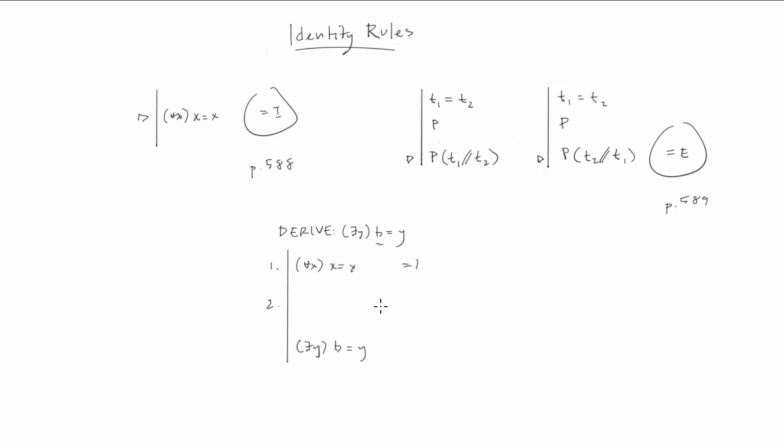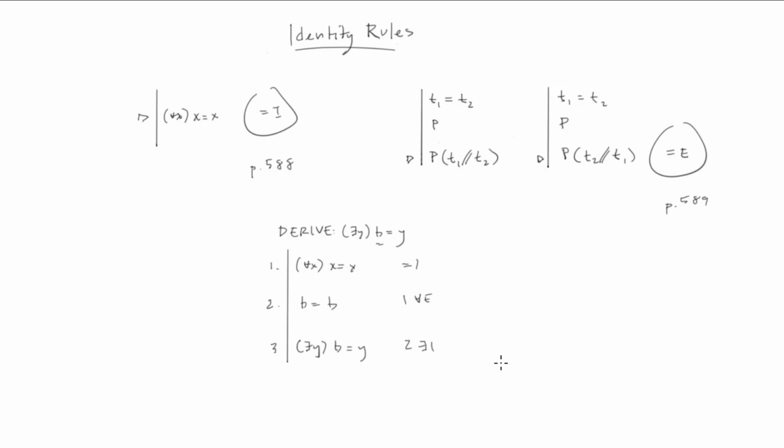The next step in the proof is to simply instantiate the universal generalization on line 1 to any name we like, but obviously, if we're going to derive there is a y, b equals y, we need to instantiate to the name b. That comes from line 1, universal elimination. And then our proof finishes there on line 3 with an application of existential introduction to line 2.